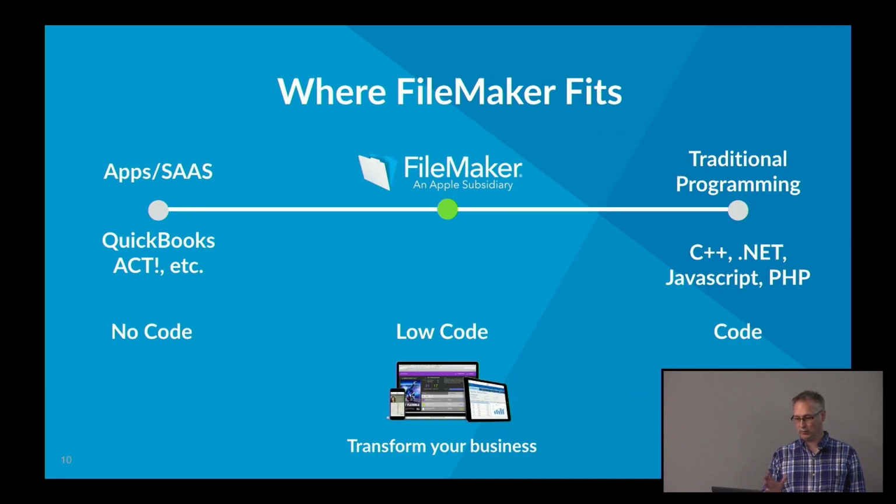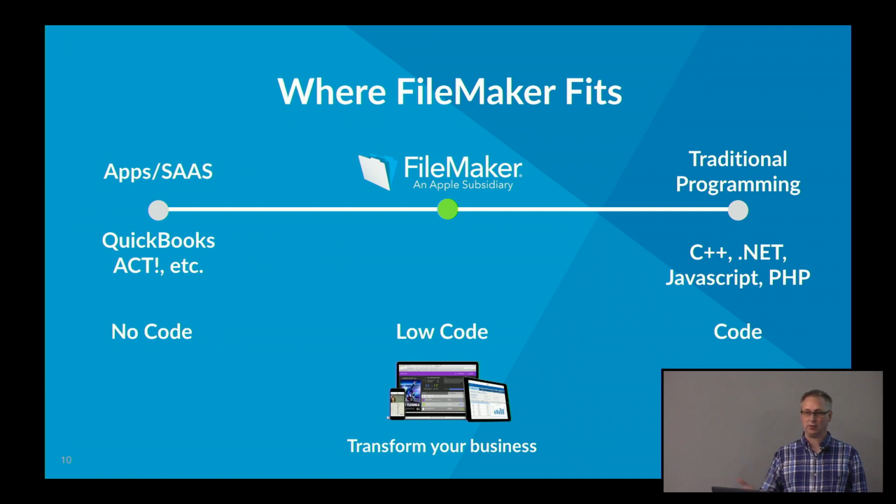So it fits really in between. On the left-hand side of this chart, you have apps that are available, like SaaS tools, software as a service, QuickBooks, Act. These things are no code because you're really not writing anything. They're just off the shelf. And then on the right-hand side, you have traditional programming languages like C++, JavaScript, PHP, which require more code.